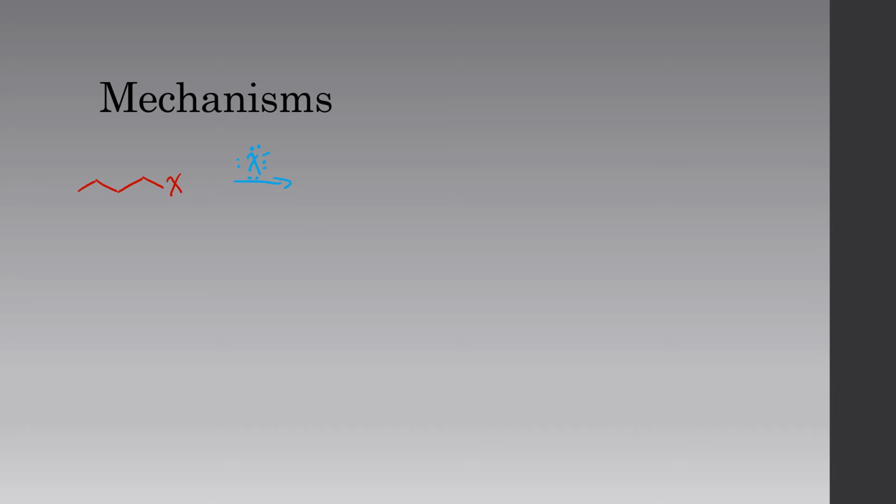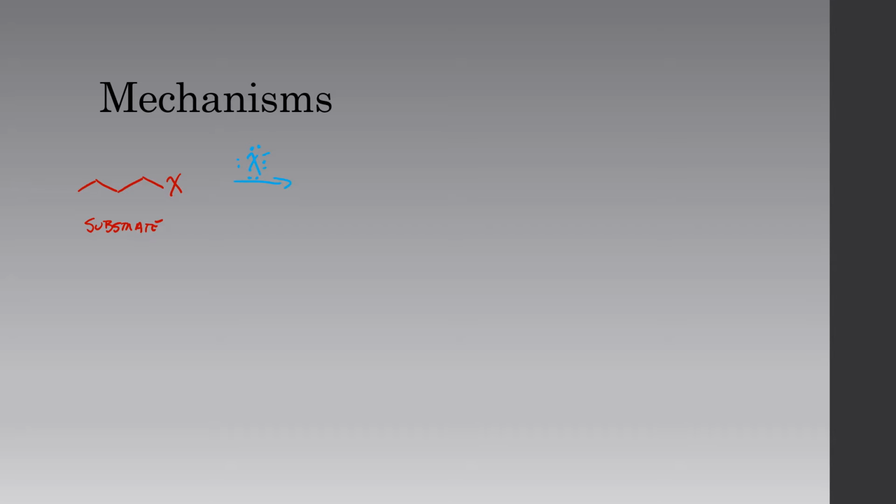So when we want to predict a mechanism for a substitution, let's take a look at our substrate. So here's our substrate. And what do we see? We see that we have a primary leaving group. That is our big important flag to say likely we are going through an SN2 mechanism.